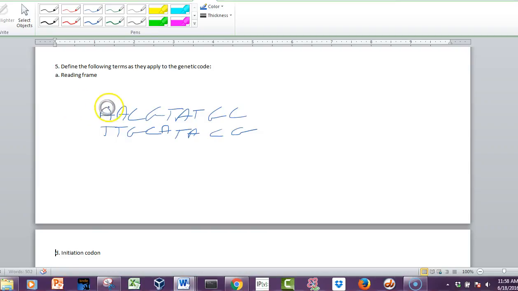And this would have a 5' end and a 3' end. And up here a 3' end and a 5' end. Now if we don't know anything else about this sequence, let's say we just took this chunk right out of the middle of a gene and we were wondering what the open reading frame was. There's several possible open reading frames.